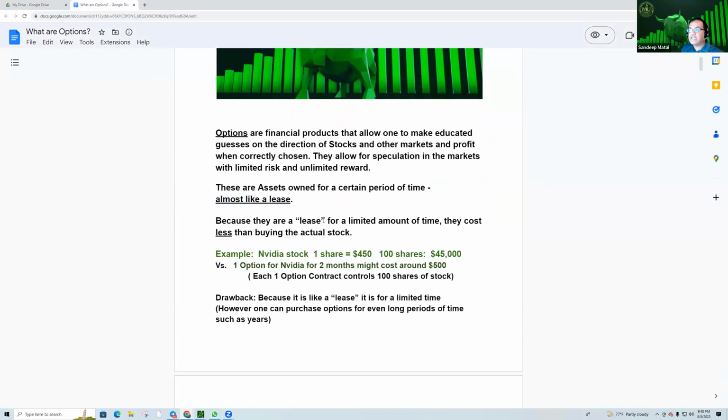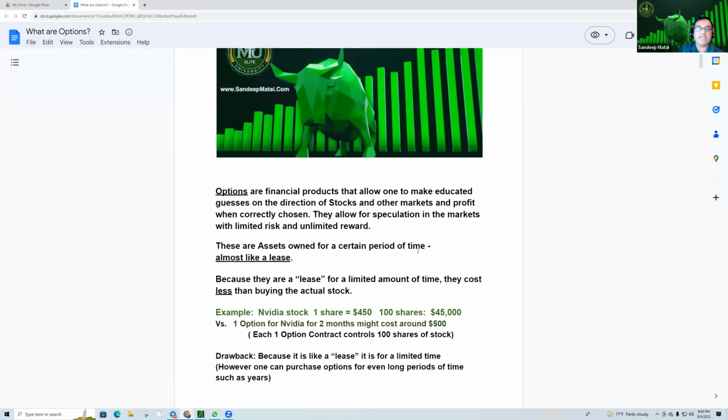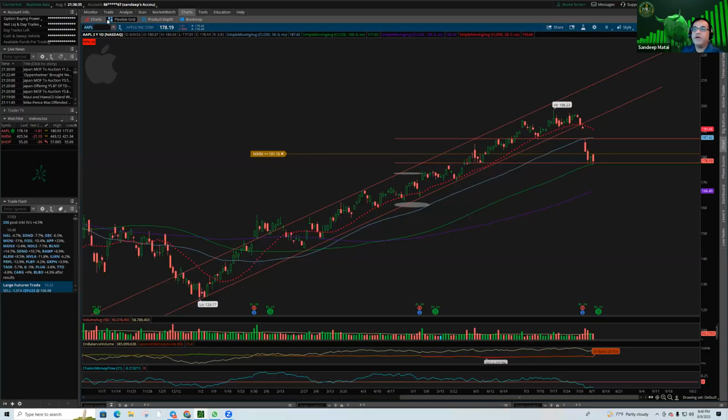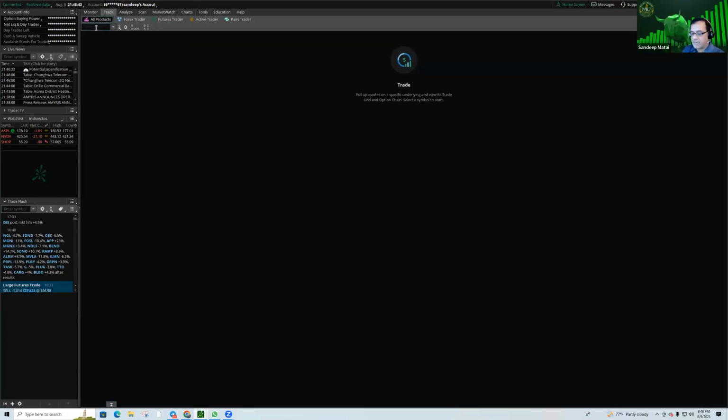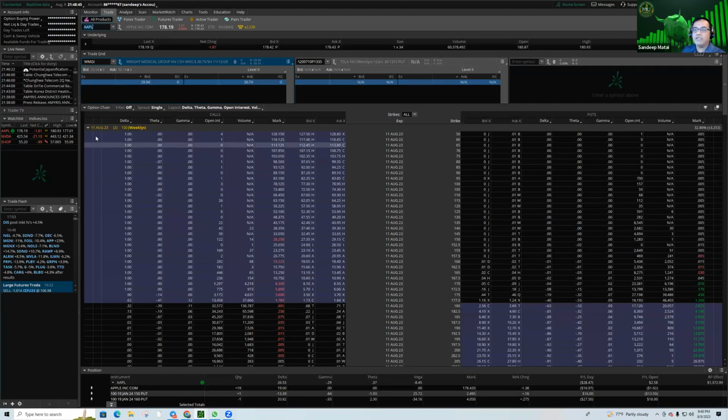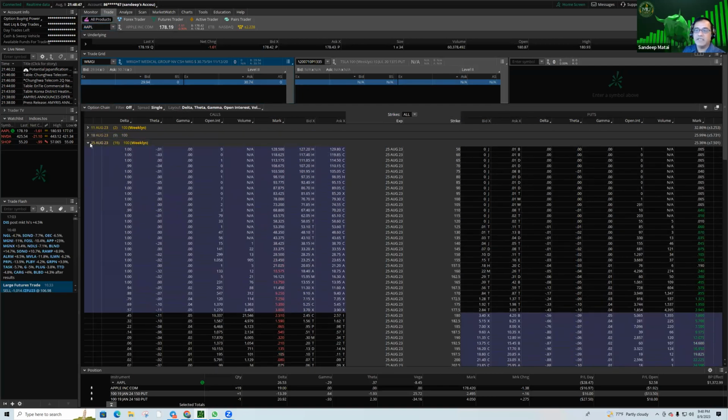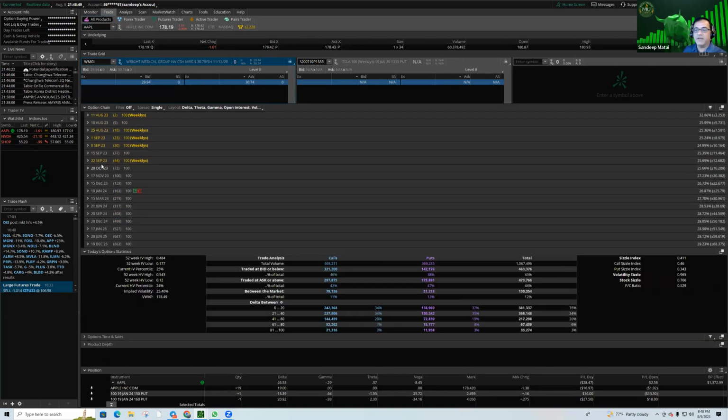Because they're a lease, it's for a limited amount of time. So you buy a lease, and I'll just show you quickly without getting too deep into it. Let's just say I type in Apple. I'll explain all this in the next few weeks, but all these options are available for Apple, and they have different expirations.